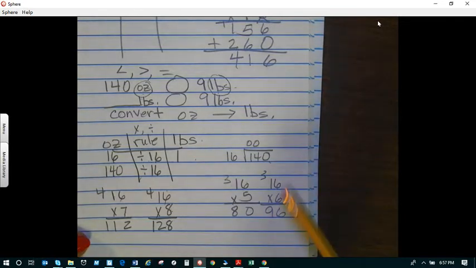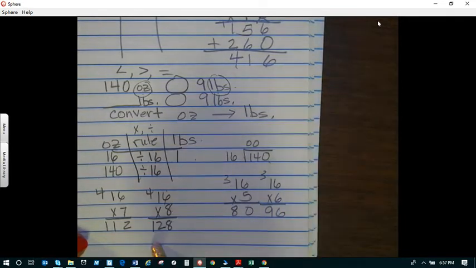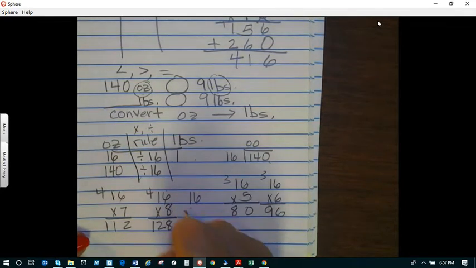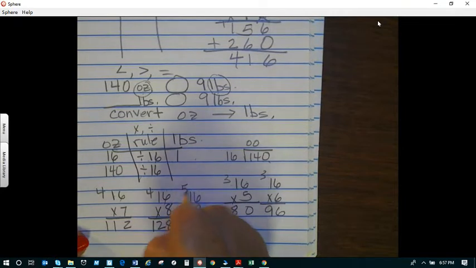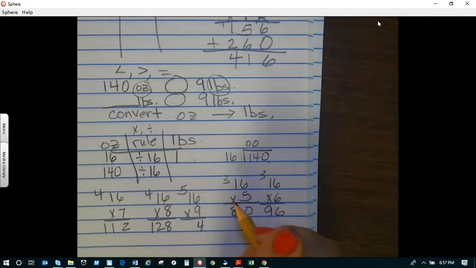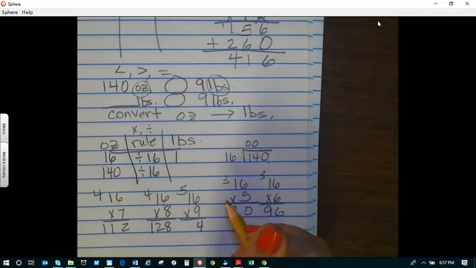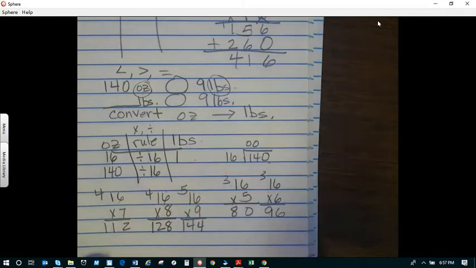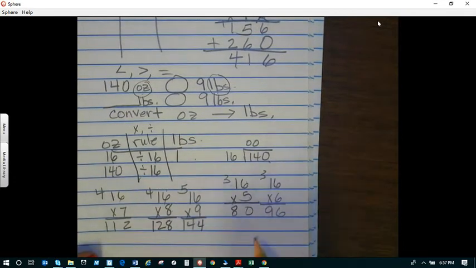So I have 128. Okay, if I added another group of 16, 16 times 9, that's 54. Carry my 5. 9 times 1 is 9, plus 5 gives you what? 14. So that's 144. So that's way too big.